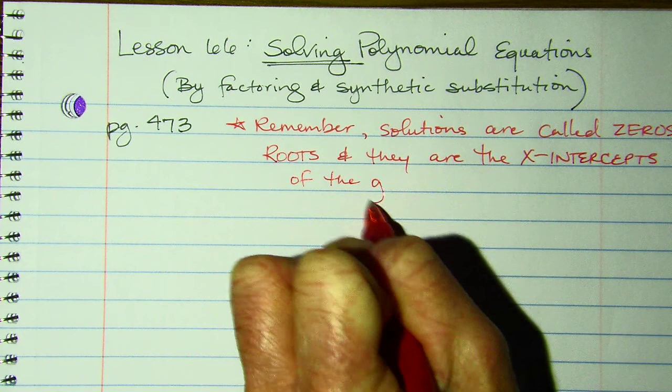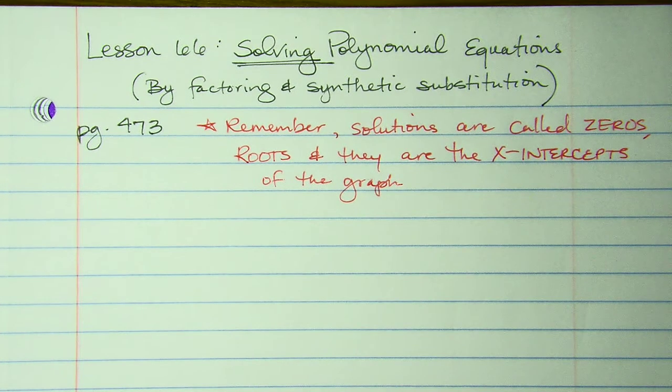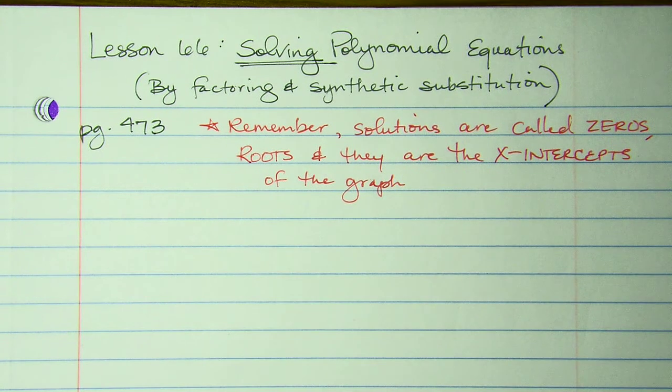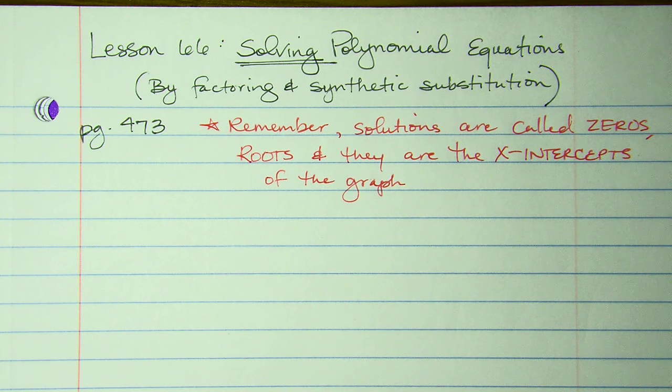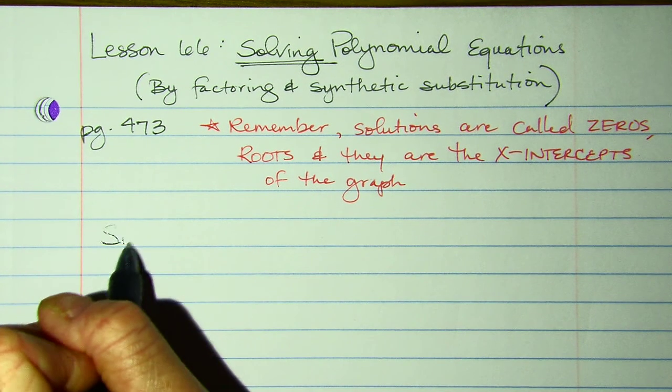So if you wanted to use Desmos and you could identify the x-intercepts, meaning where it intercepts the x-axis, that would tell you the solutions. But know that you're going to see words like solutions, zeros, roots, x-intercepts. They're all interchangeable. So starting on page 473, part A, and remember for all of these we are solving for x.